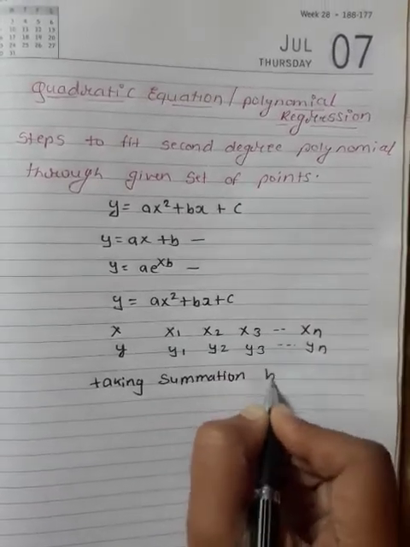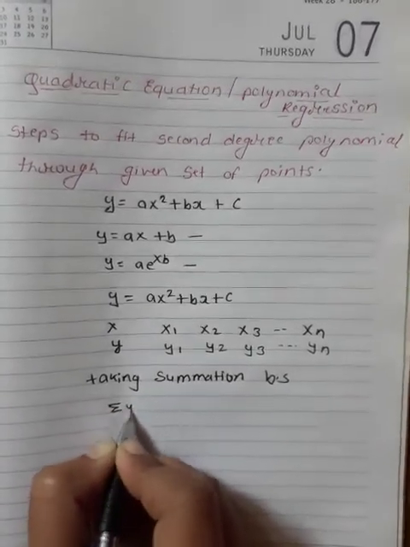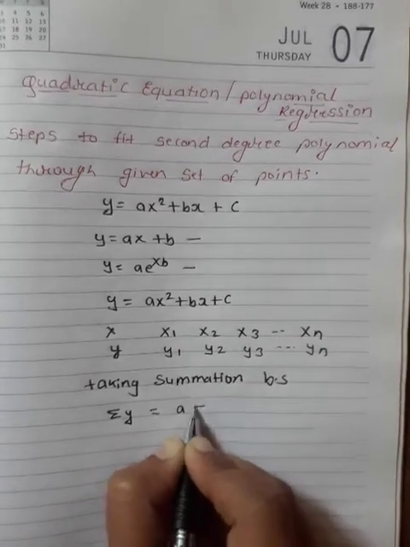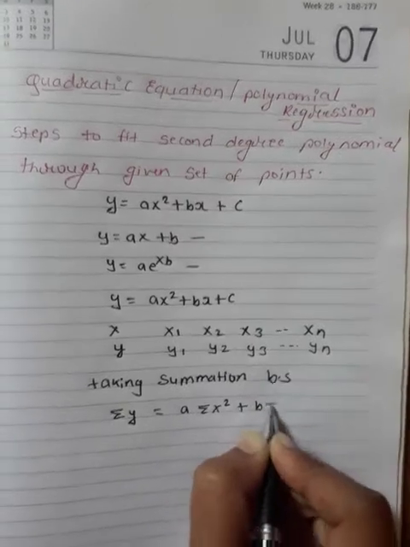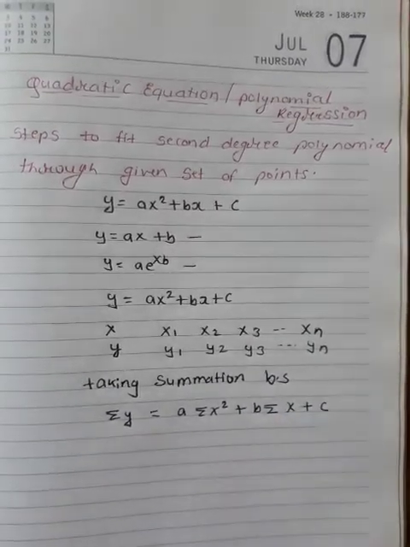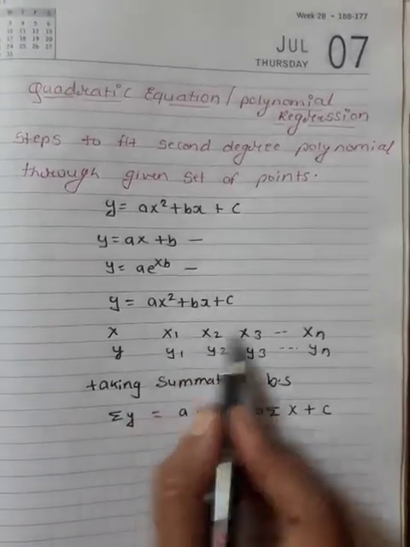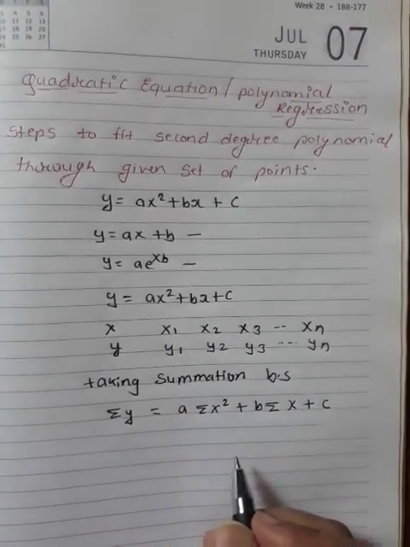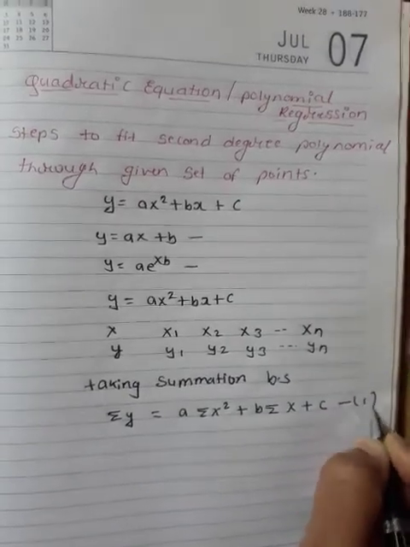Taking summation on both sides, it becomes Σy = aΣx² + bΣx + cn. Why are we taking the summation? Because we have to add all these terms. So this is the one equation we have framed.